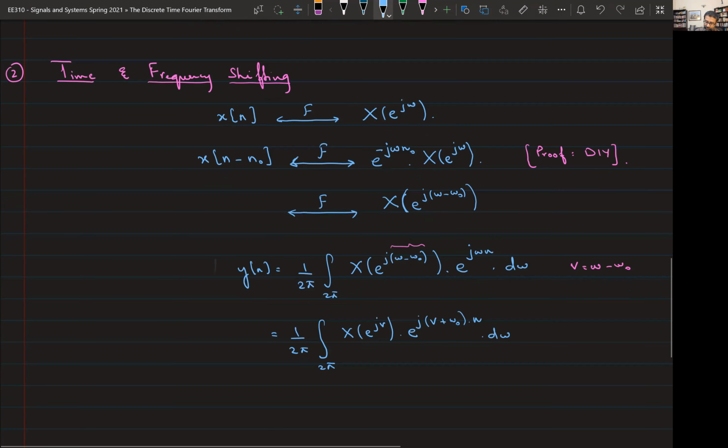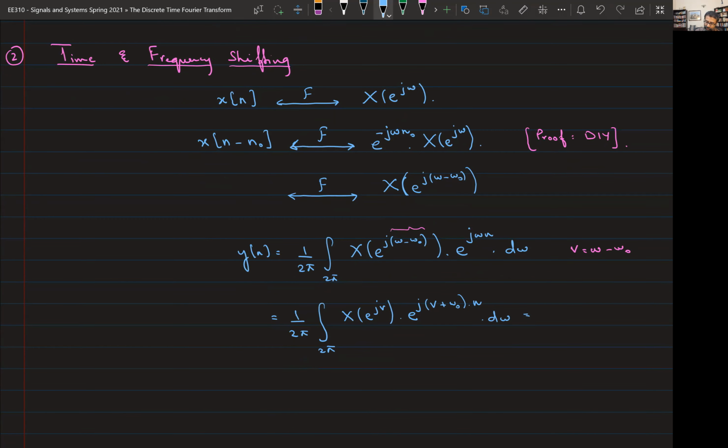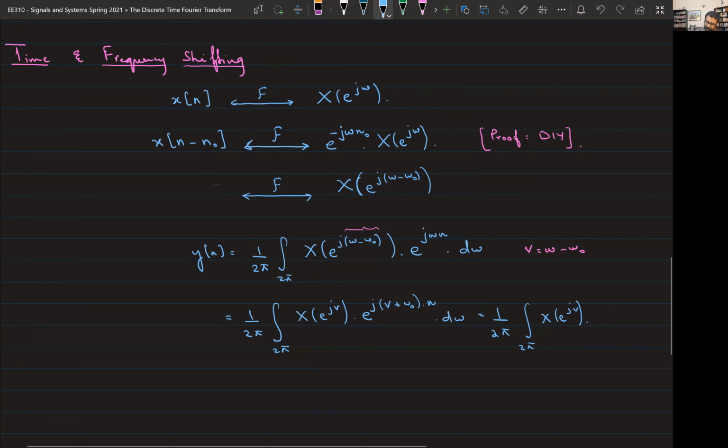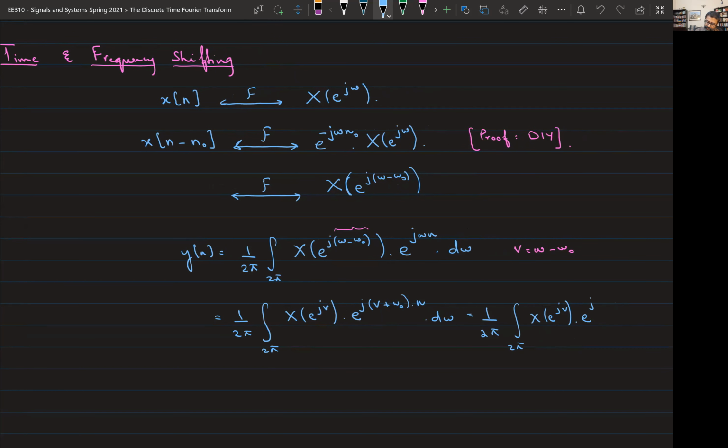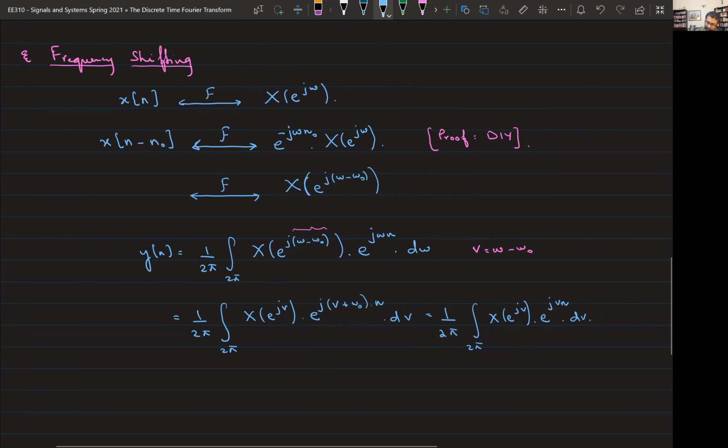And what happens here? This becomes equal to 1 upon 2 pi times this integral of X of e raised to j v, times e raised to the power j v n, times, sorry, this is dv, and this e raised to the power j omega naught n comes outside because that's not a function of omega anymore, right?